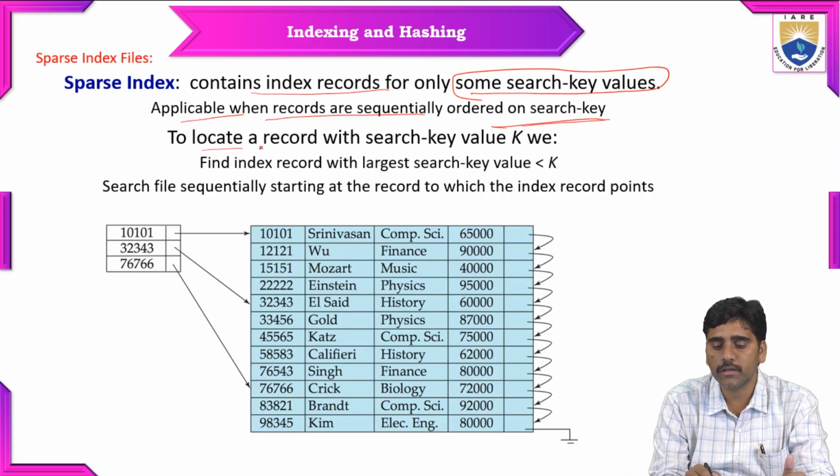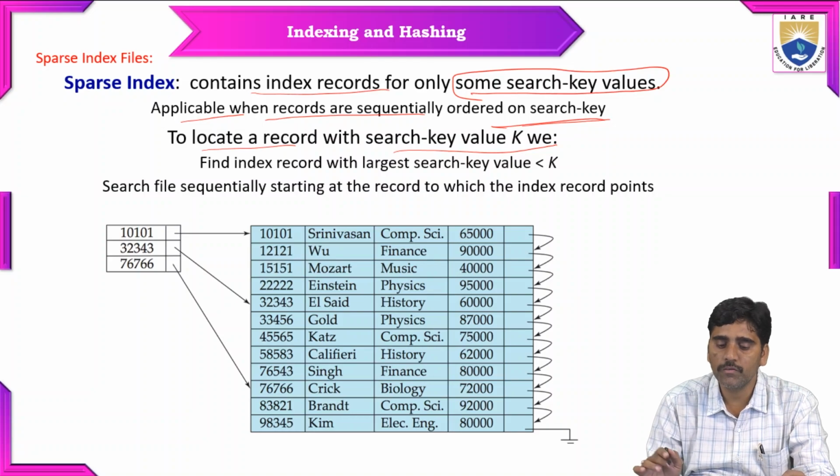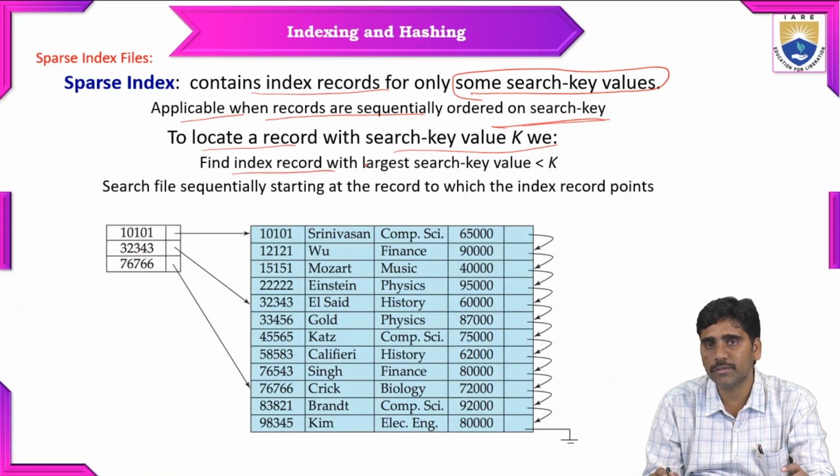To locate a record with search key value k, we find the index record with the largest search key value less than k.